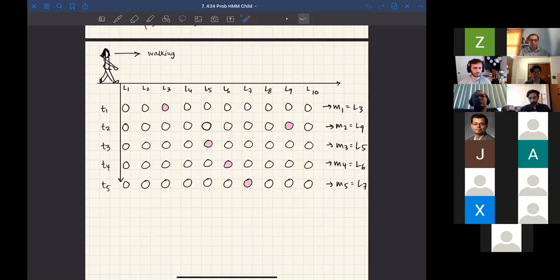And the hidden Markov model says, come up with the person's trajectory that best agrees with the measurements as well as the motion model. And how do you model agreement? You model them as conditional probabilities.